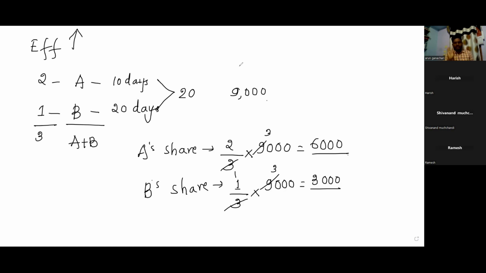If there are 4 persons also, the rule will remain the same. Okay, so let's take one example. I hope you have copied it. Take down the example.